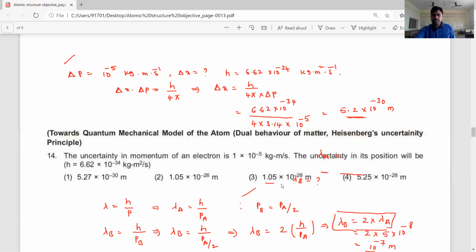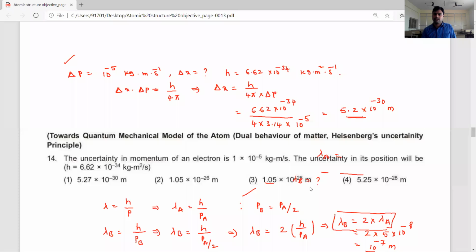Okay, dear students, listen. First, lambda A value is given. What is the relation between lambda A and lambda B? Lambda B is equal to 2 times lambda A, because the wavelength lambda is inversely proportional to momentum. The one having the higher p value has the lower lambda.